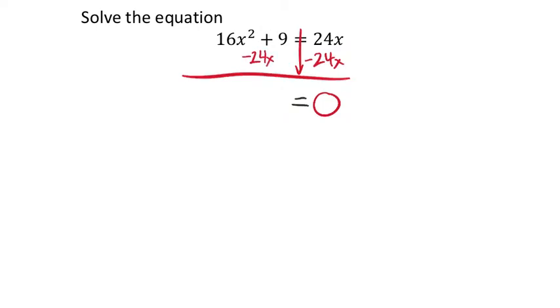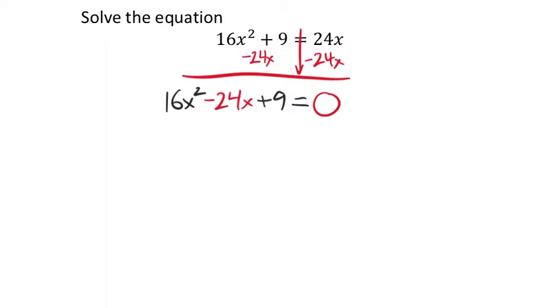That means I'm not going to combine it with 16x squared because it's not a like term with 16x squared. It's not a like term with the 9 because that's just a constant. So what I now have on the left side is 16x squared minus 24x plus 9. And why did I put the negative 24x in the middle? Because it goes back to that format that we've been seeing when we factor trinomials like this.